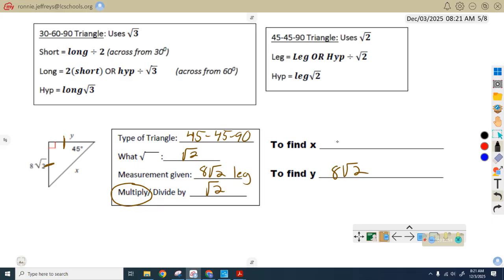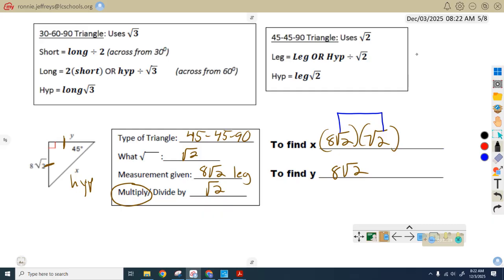Now, to find x, this is our hypotenuse. All right, so this is going to be 8 root 2 times root 2. What happens to that right there, that root 2 times root 2? What does it become now? 2.